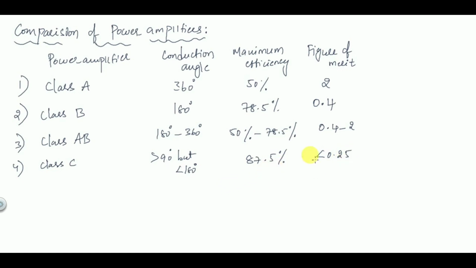Since the figure of merit is less than 0.25, the distortion is more. The lower the figure of merit, the higher the distortion, so figure of merit is inversely proportional to distortion. And distortion is inversely proportional to conduction angle.